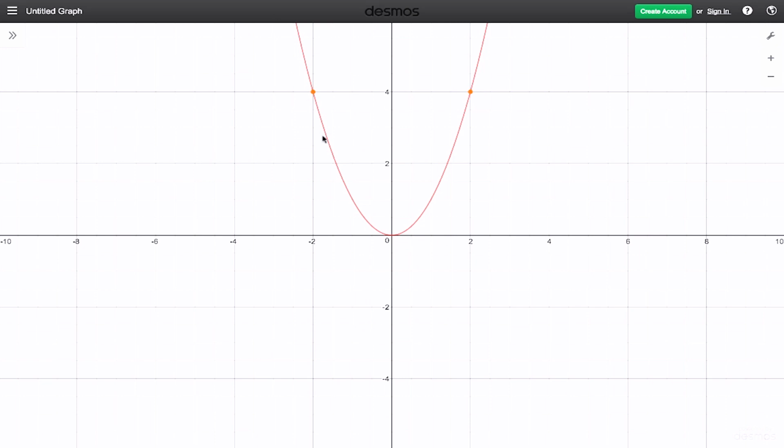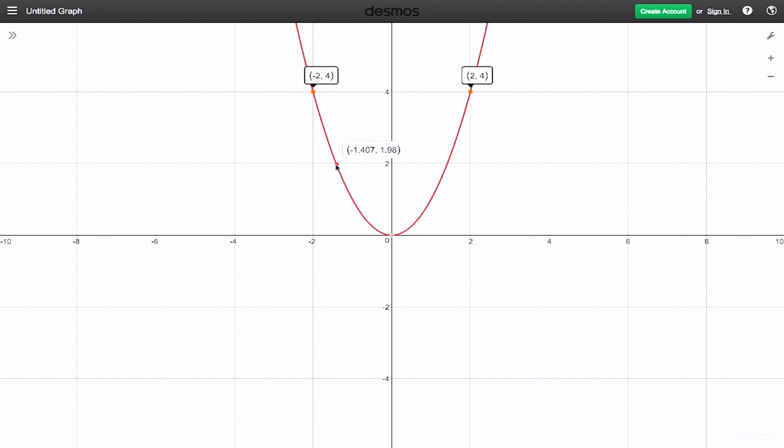symmetric. And if we look at it, we see that this is your point (-2, 4), and this is your point (2, 4). We see that, just like the definition says, the point (-x, y) is also on the graph and (x, y) is also on the graph. We can pick other points if we wanted.